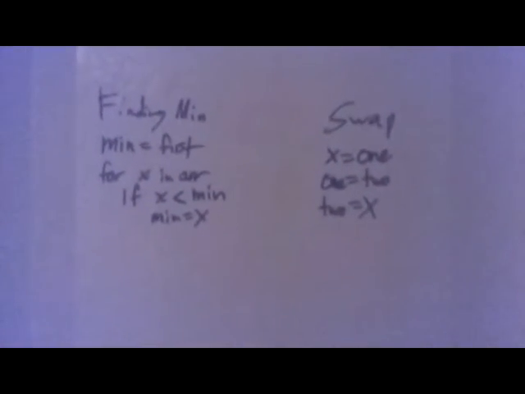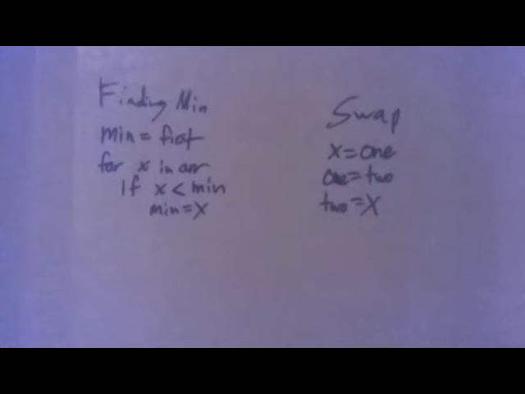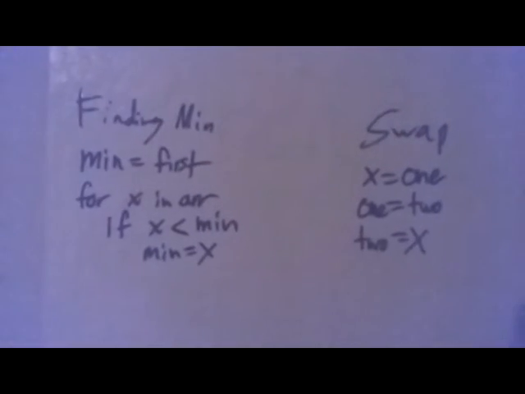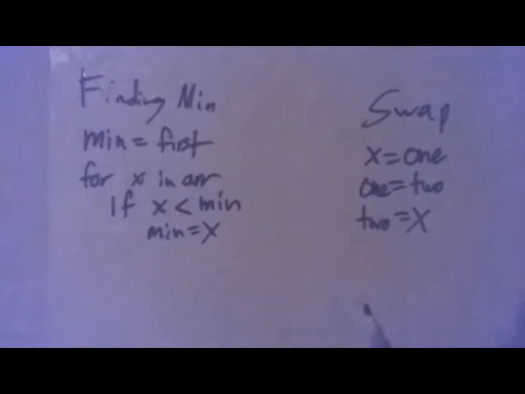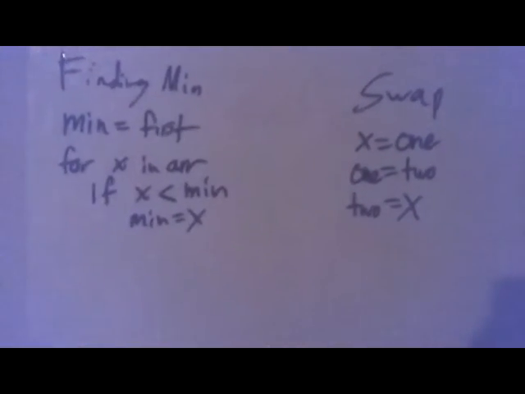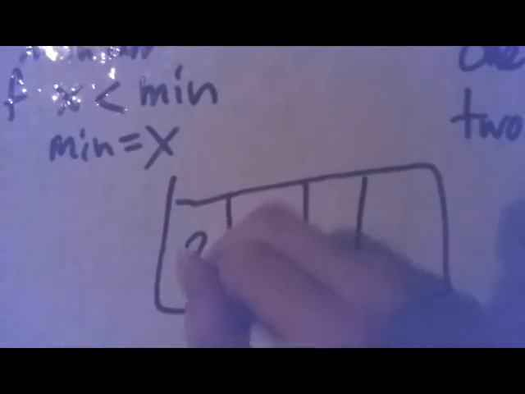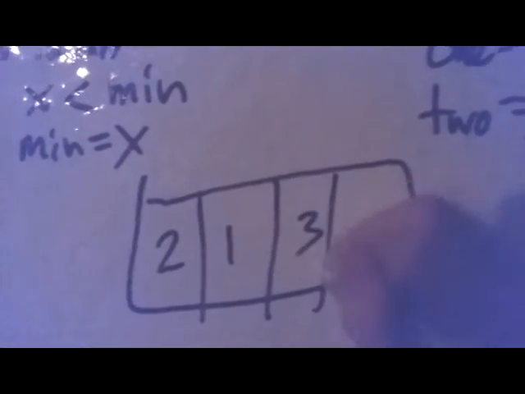So those 3 lines, mixed with those 4 lines, are really what you need for selection sort. Because after that, as long as you can do these 2 things, find the minimum value in an array, and then swap it, you can do the following. Let's say I have this list here, and it's just 2, 1, 3, 4.